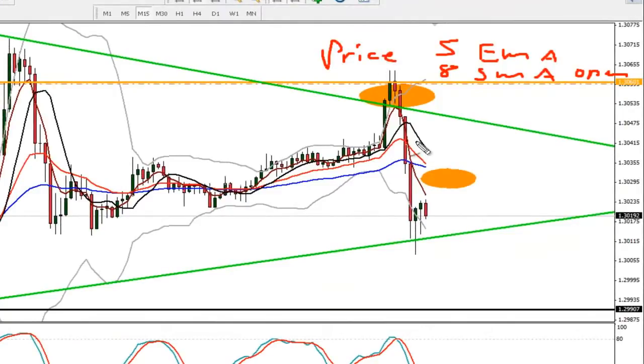Okay, and then we use the 21 EMA and the 55 EMA, and these represent more the market direction. So if the 21 is above the 55, it generally means that the market is heading up.